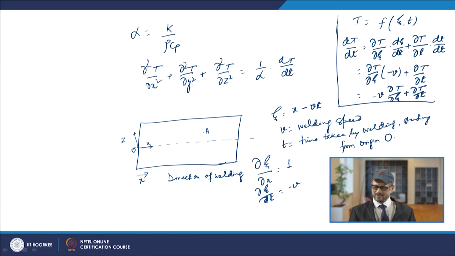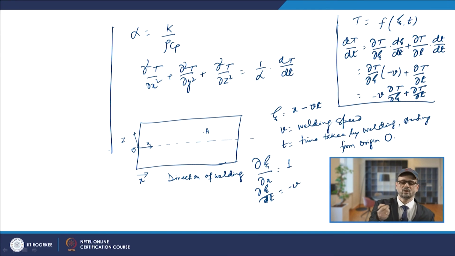Similarly, we can have the expression for dou T by dou x also. Dou T by dou x will be dou T by dou zeta into dou zeta by dou x.